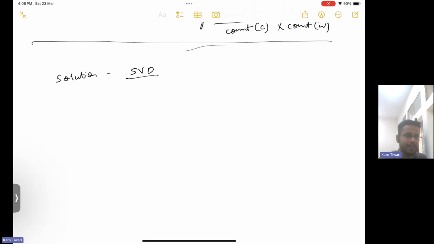So can we represent a very large matrix using a rank 10 matrix? That's the question we'll be asking. So we have been given a matrix X, of size m cross n. The number of rows is m and the number of columns is n.